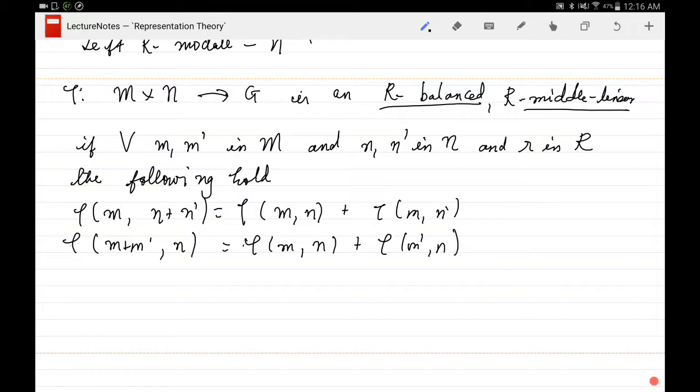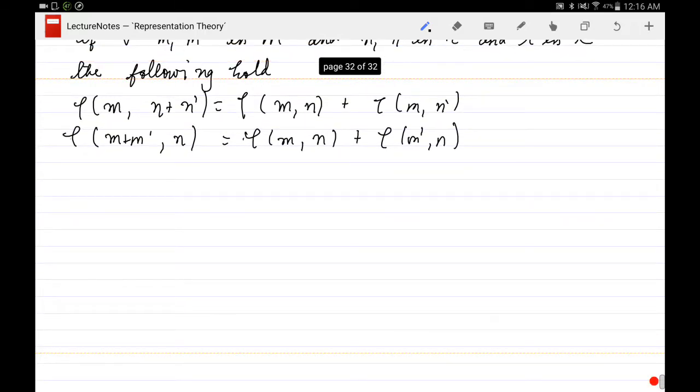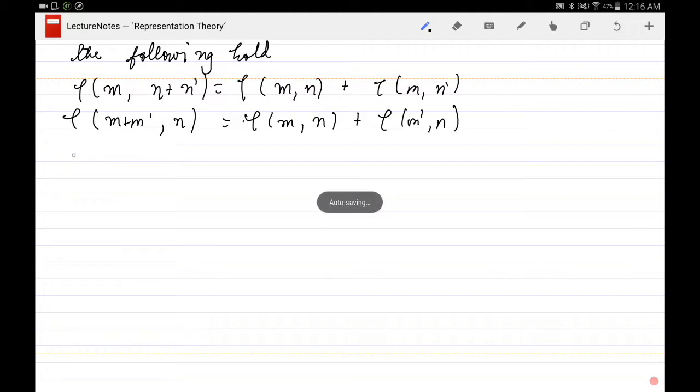In other words, it's bilinear in the arguments, and this is quite an important one.